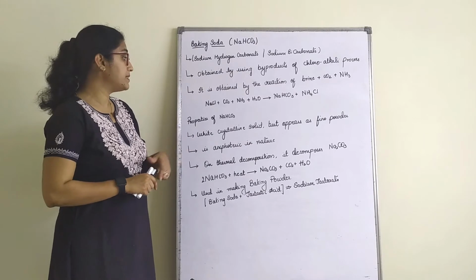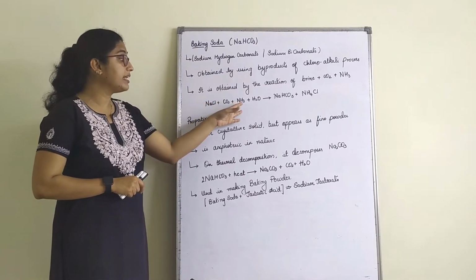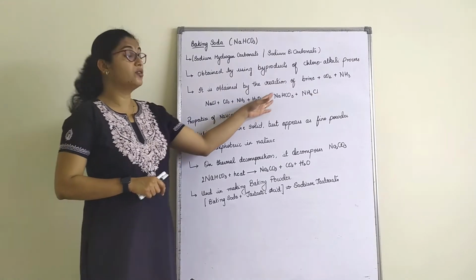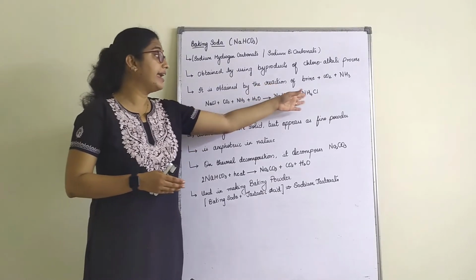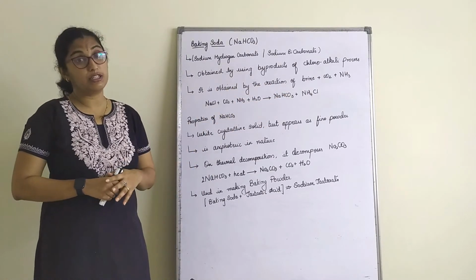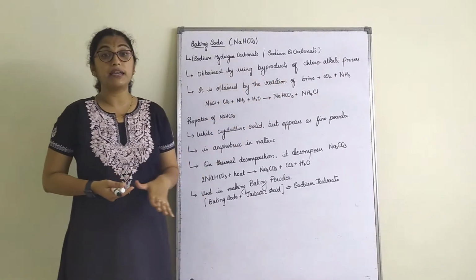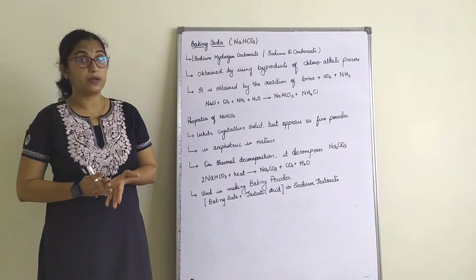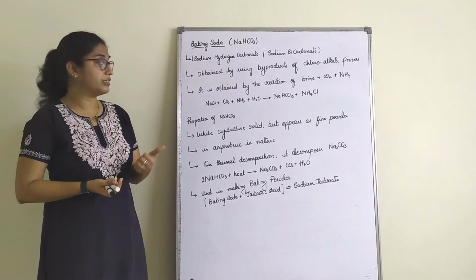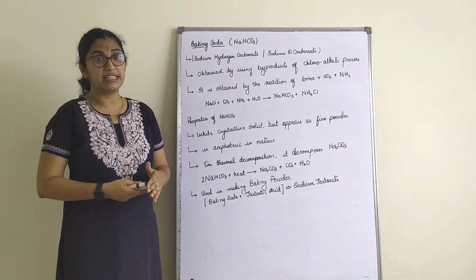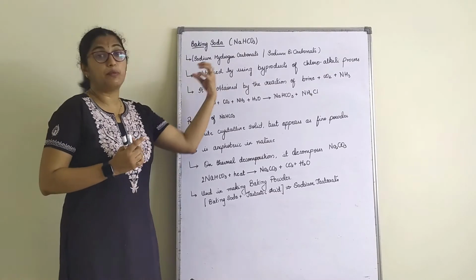When sodium chloride is mixed with carbon dioxide and ammonia with water, sodium hydrogen carbonate is formed and ammonium chloride is also formed along with it. This is how sodium bicarbonate is prepared in the laboratory. It is not readily available and has to be prepared in the laboratory. So generally a question that can come here is to give the reaction of sodium bicarbonate preparation.